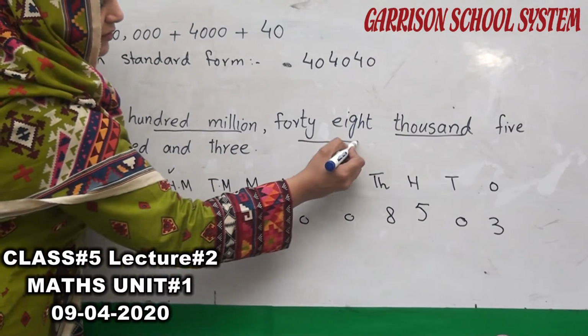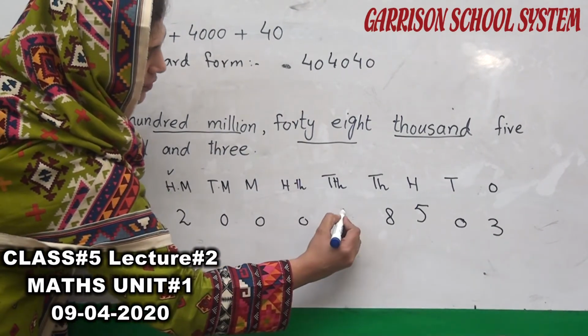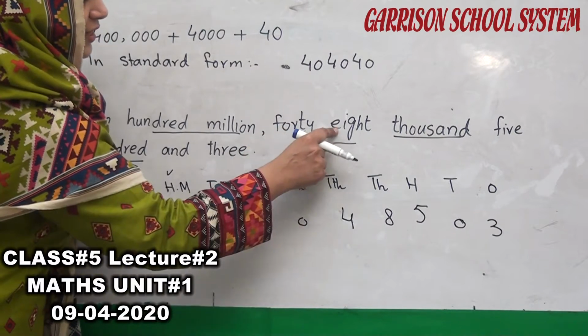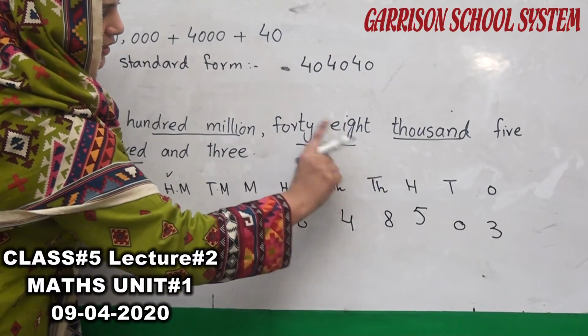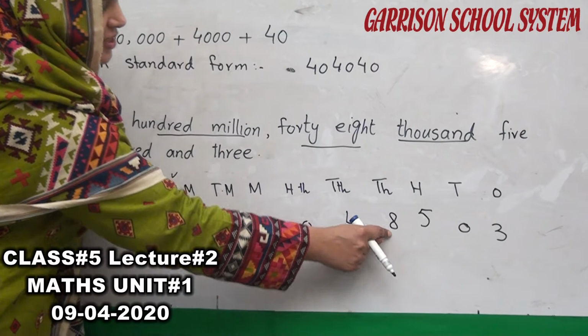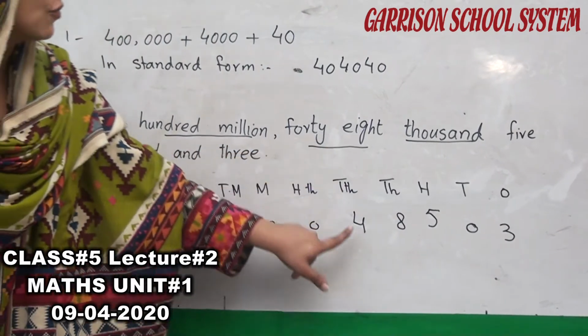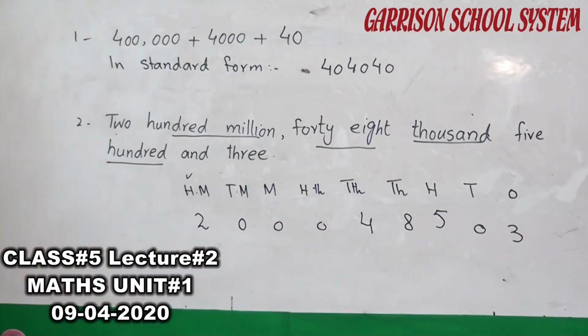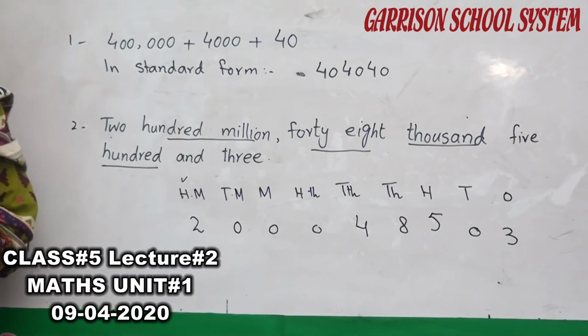This is 48, students. We have to write 48 here because this is 48, not just 8. Mistakenly I wrote just 8 there, so you have to write 48 here. It is complete. Now let's start the next exercise.